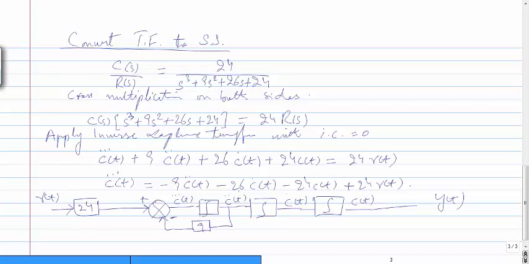Then there is 26 with the single dot, we put 26 and add here with a minus sign, and the last one is with 24 here. So this is the block diagram that you can make using the differential equation.